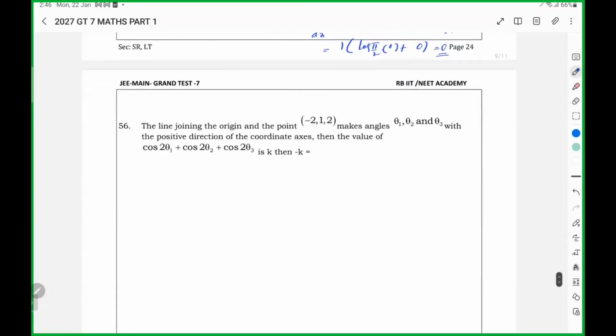Here, the line joining origin and this point makes an angle theta 1 with the x-axis.